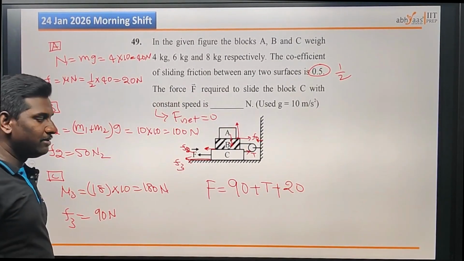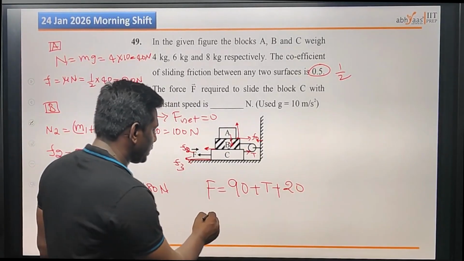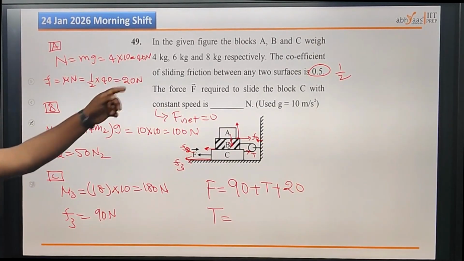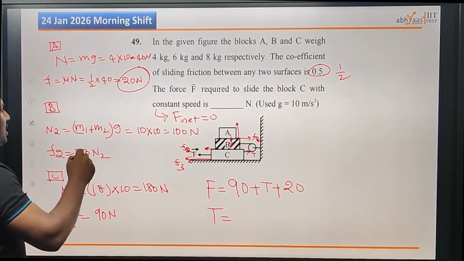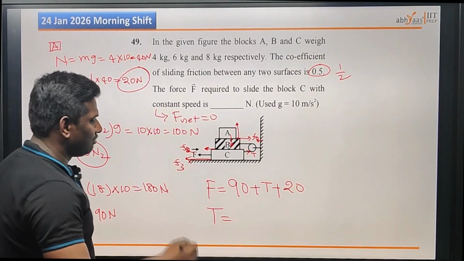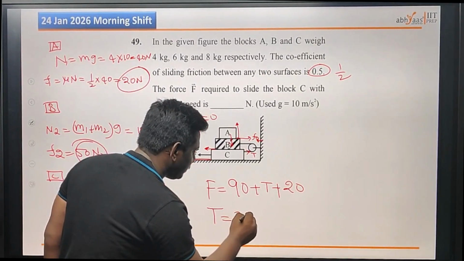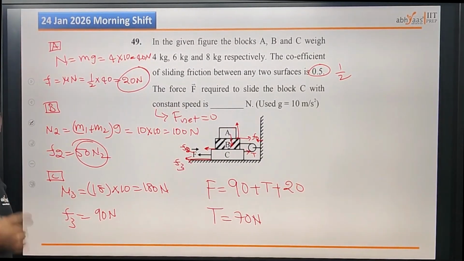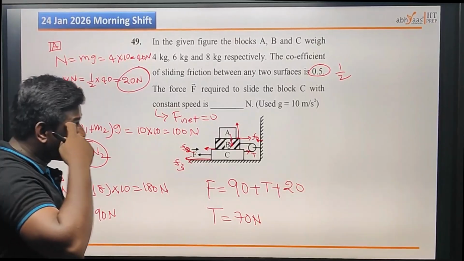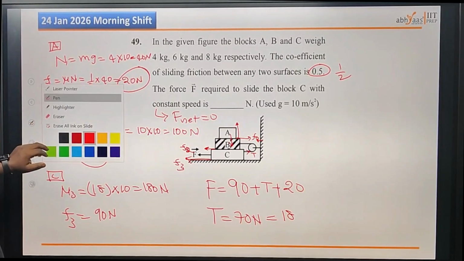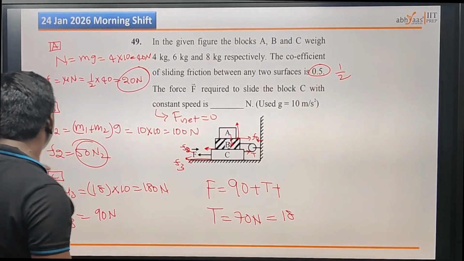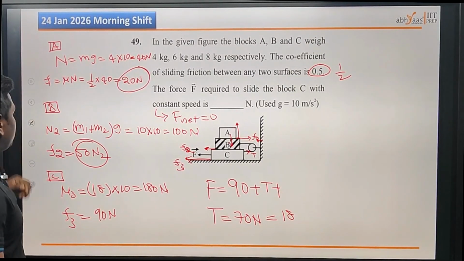For block B, what you are having? So tension can be written as 20 Newton due to the block A and 50 Newton due to the block B, you are having 70 Newton. So substitute in this equation. This is not your 20, this is due to block B. What is the block B force?